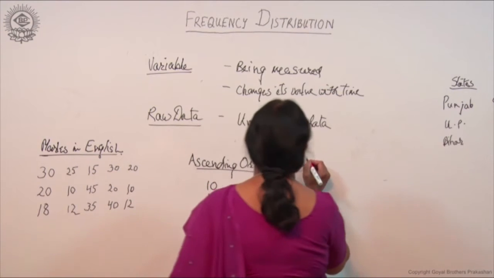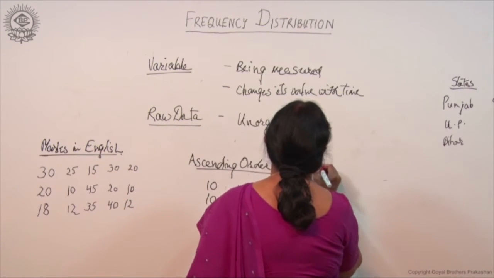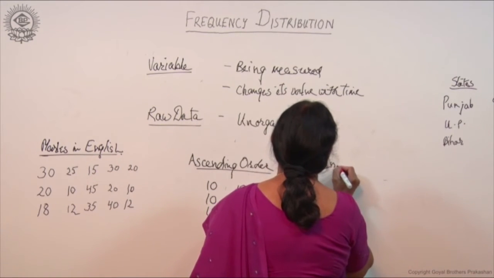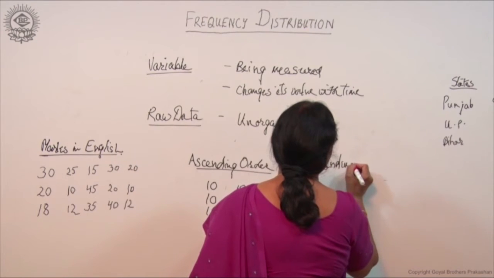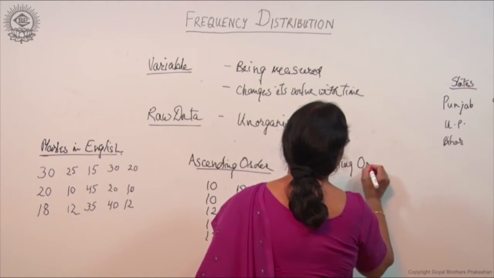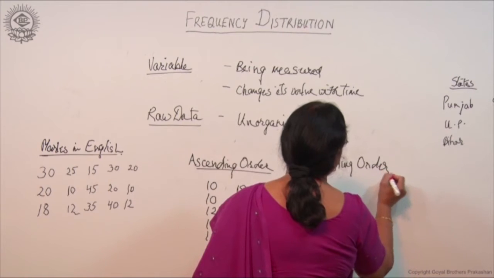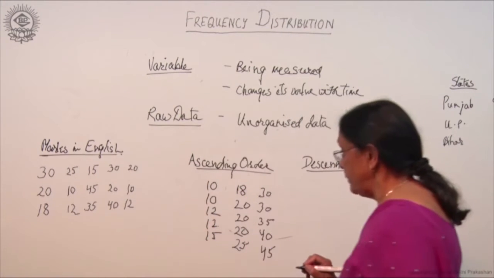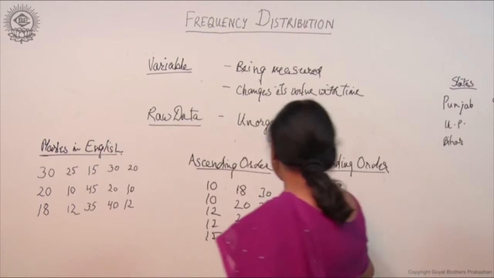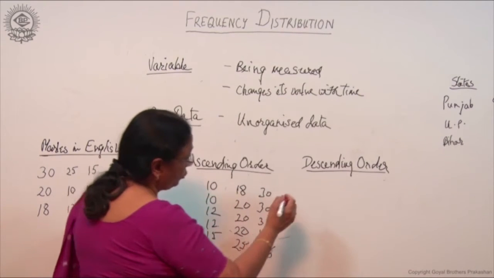Same we can arrange in the descending order. It doesn't matter whether you arrange in the ascending order or descending order, the calculation will be the same. The result will be the same. Now when you are arranging in the descending order, you have to move from the highest to the lowest.